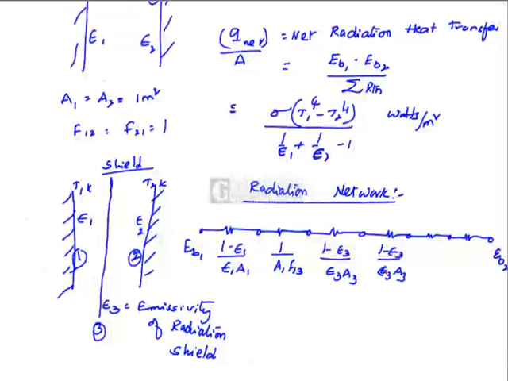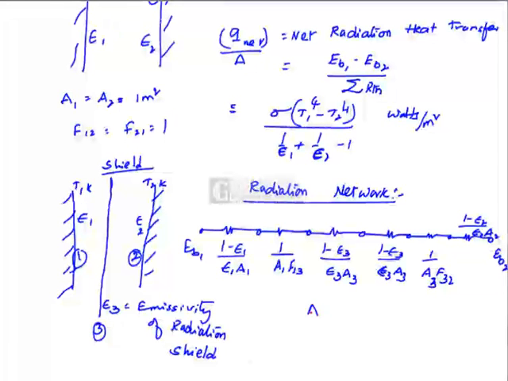Looking at surface 2, then we have the space resistance between 3 and 2, 1 by A3 F32. Lastly, we will have the surface resistance of 2. So totally there are 6 resistances, out of which 4 are surface resistances and 2 are space resistances.